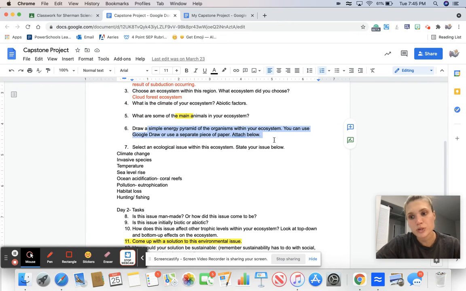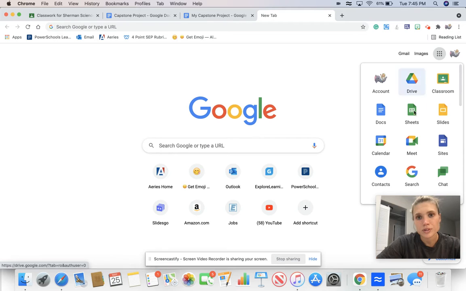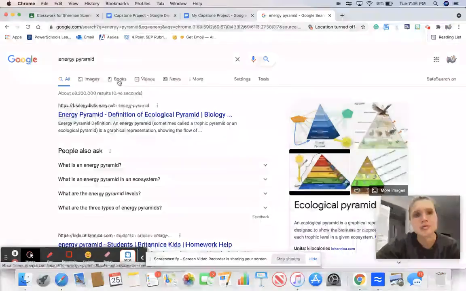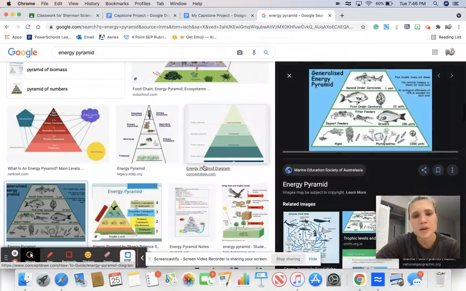What you would do is keep the pictures the same, but delete the triangle that the organisms are filed in, and then just add arrows. For example, say this is my energy pyramid.